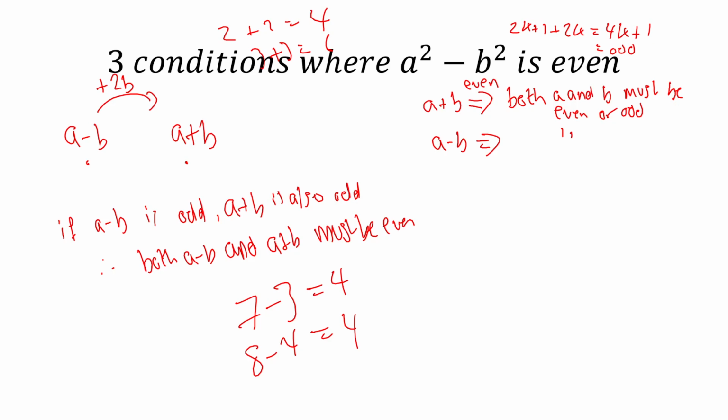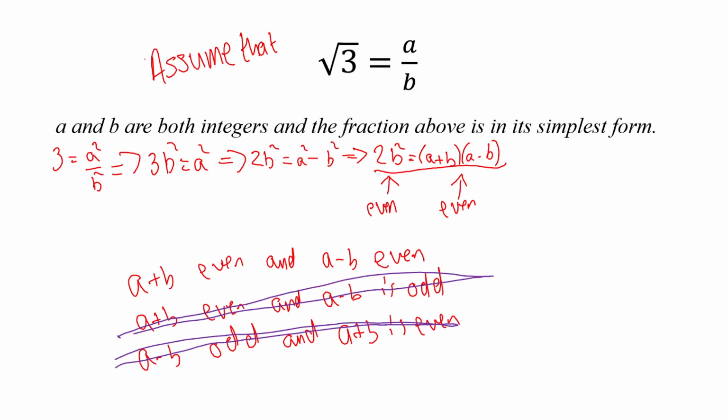However, a and b can't both be even. So if a and b are both even, we can say that a equals 2k and b equals 2l. Now if we go back to our original equation, we said that the fraction above is in its simplest form.